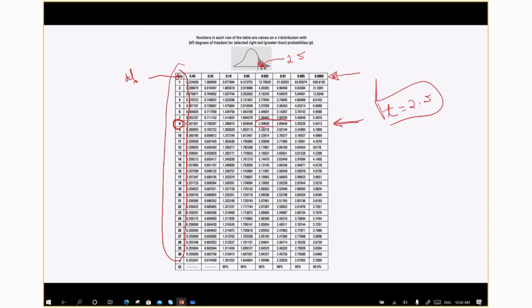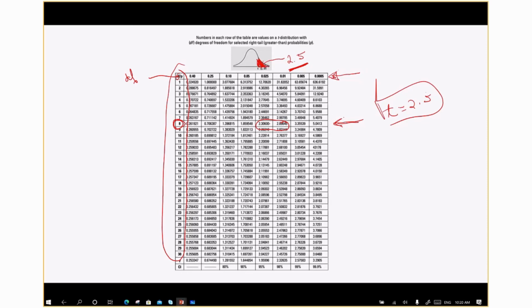So we look at that, and here we go. We've got a value. If we wanted a value out here, we want to calculate that value out here, and we know our t value is 2.5. What is that area going to be?